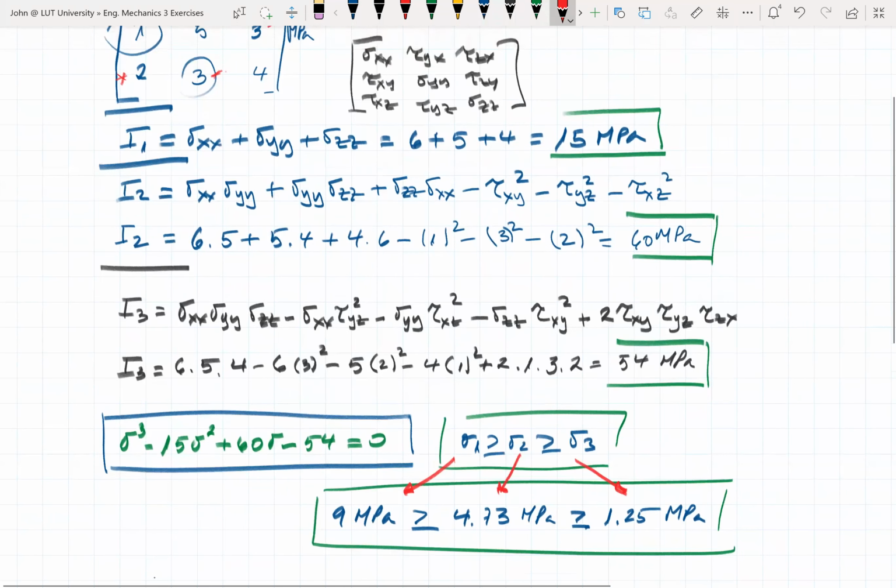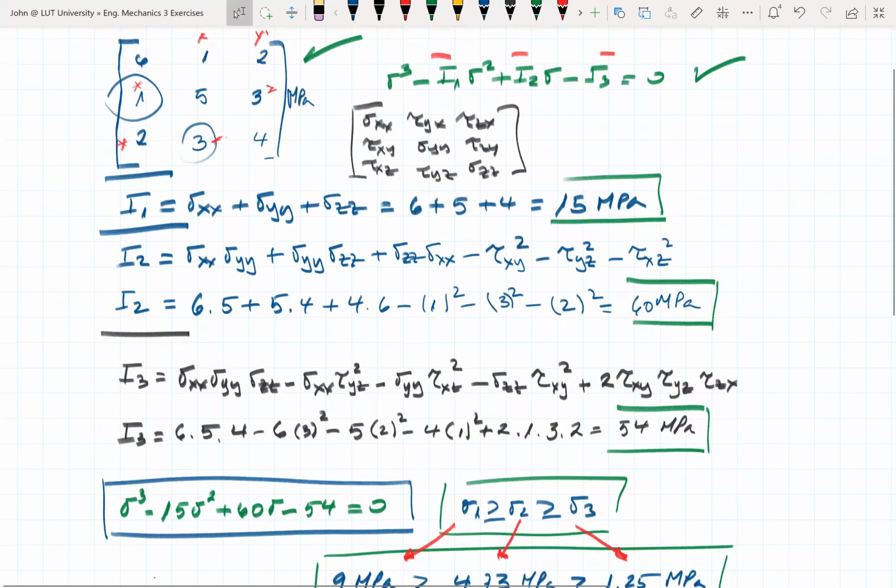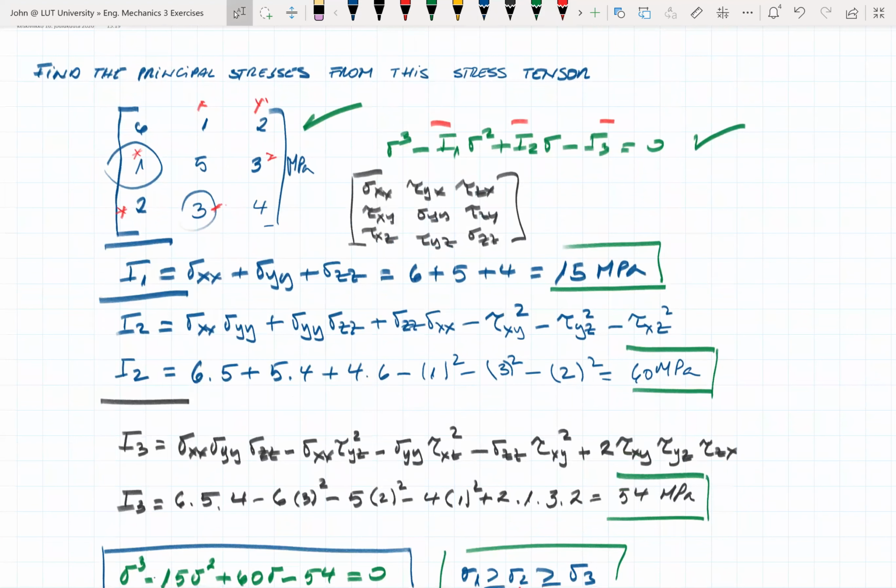Look at this. If I look at the stress tensor, I can notice that the largest normal stress is going to be 6 megapascals, this one here. This is the largest one.